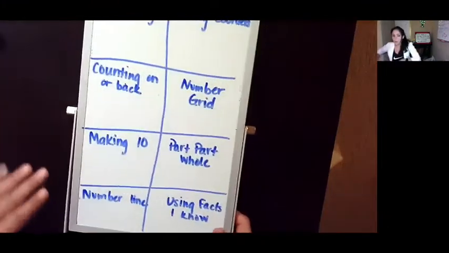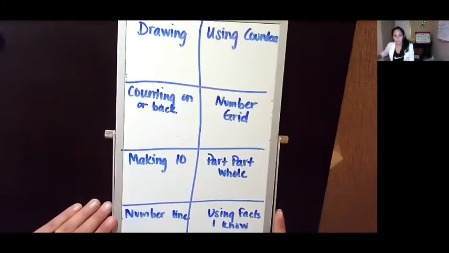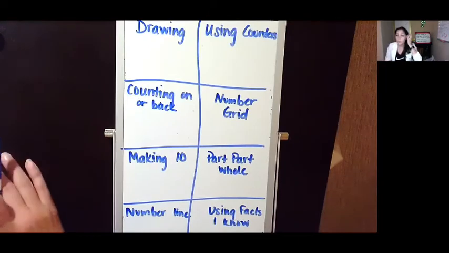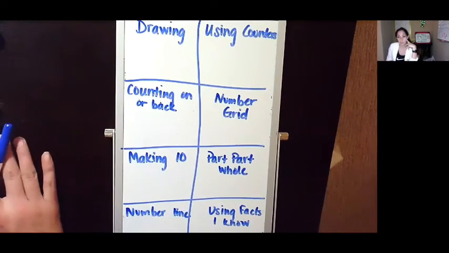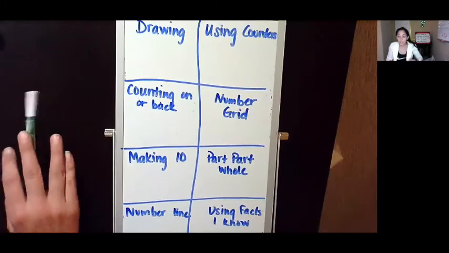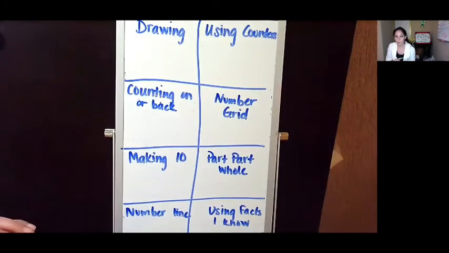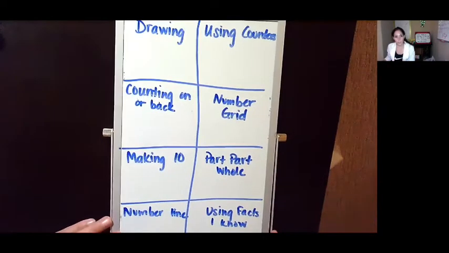So I gave you guys some addition and subtraction sentences last week. Actually, I just gave you subtraction last week for you guys to use your strategies and solve. Then after talking to a few friends, I decided that maybe a review of those strategies would be really helpful. So these are the go-tos.